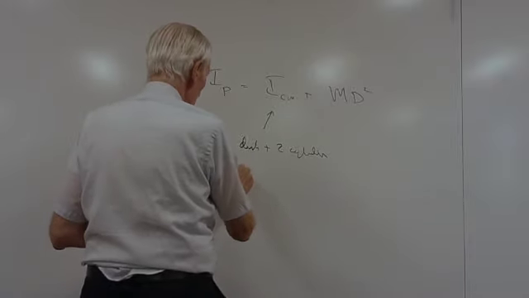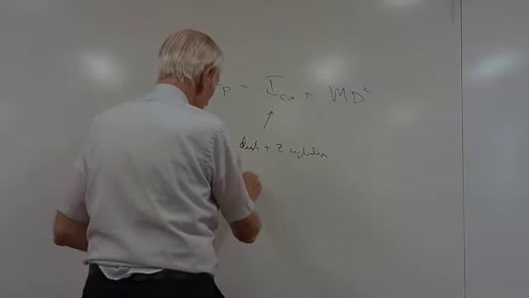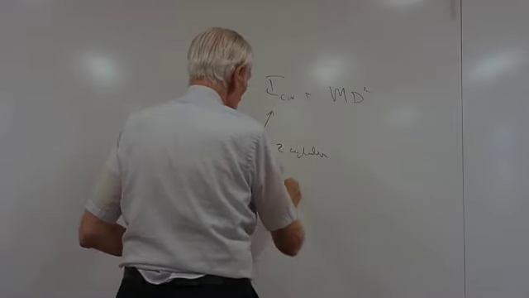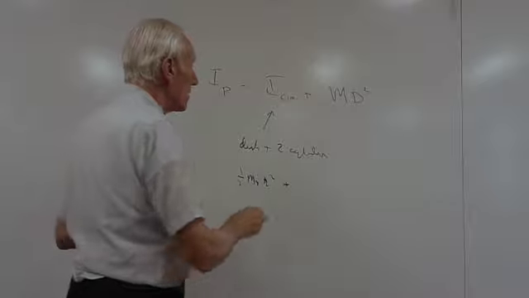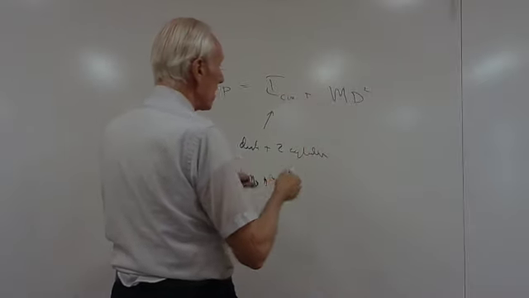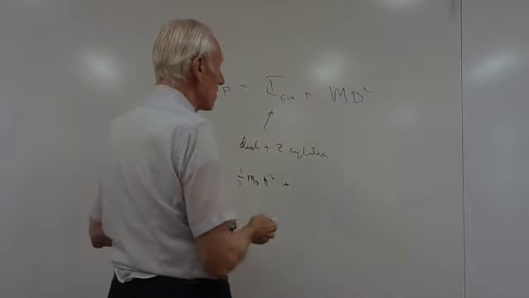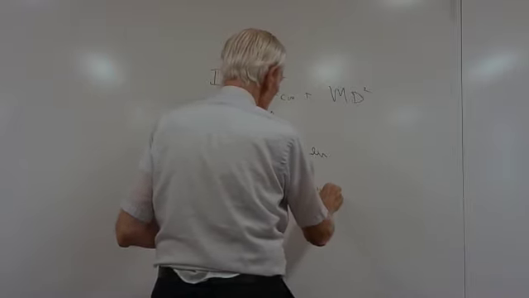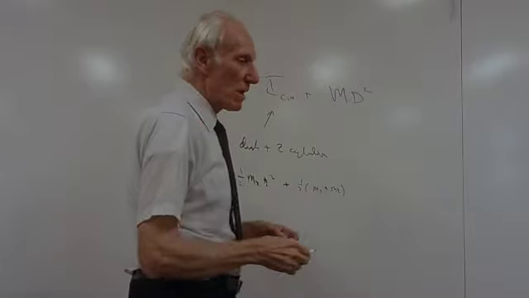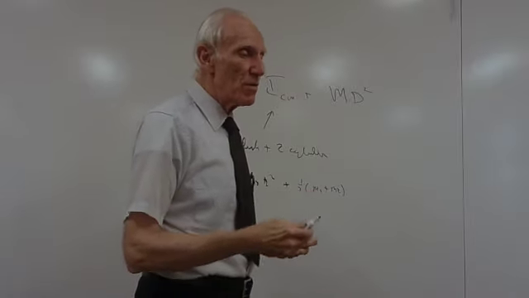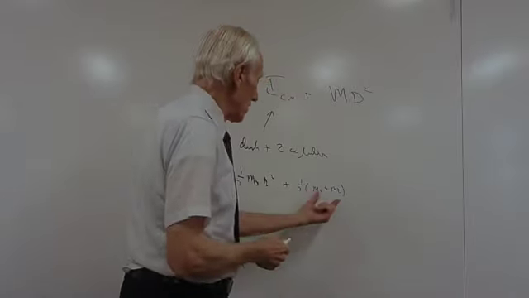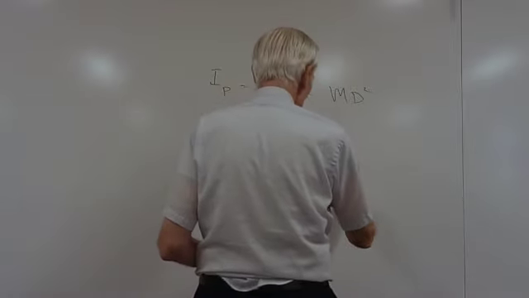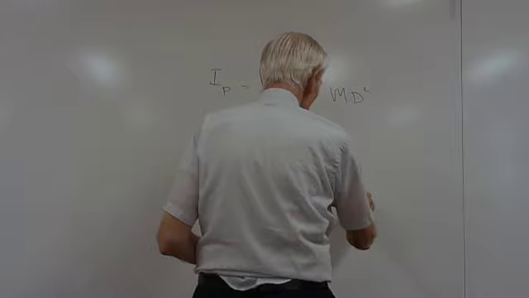So this would be 1/2 mass of the disk times the radius of the disk squared, plus, again, a cylinder and a disk are the same, so it would be 1/2 mass 1 plus mass 2. These masses are labeled A1 and A2, or B1 and B2. So that's what I mean by these two masses added together, 1/2 m times the radius of the cylinder squared.